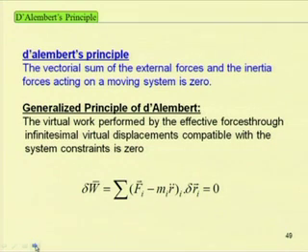So, one can write the work done as the sum of (Fi minus the equivalent force of the system) dot delta Ri equal to 0. So, the virtual work is equal to 0. This is D'Alembert principle.